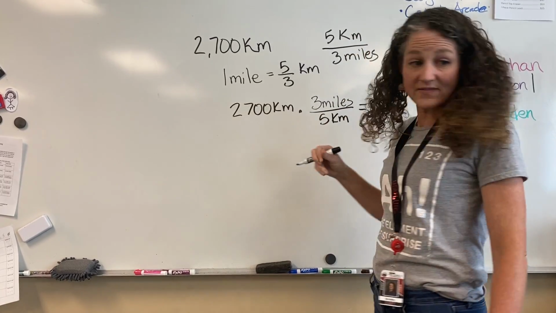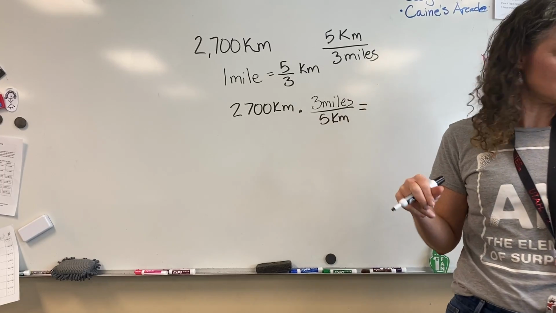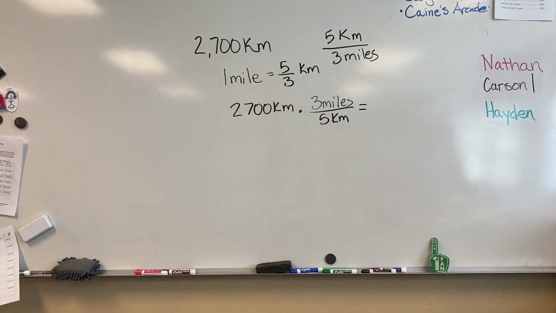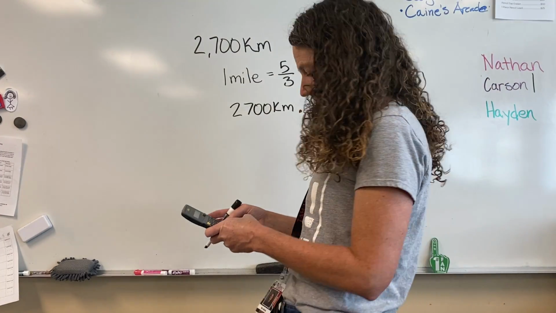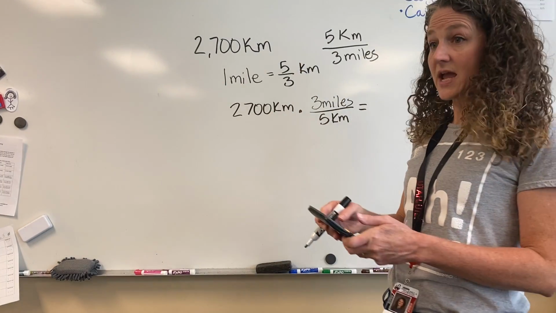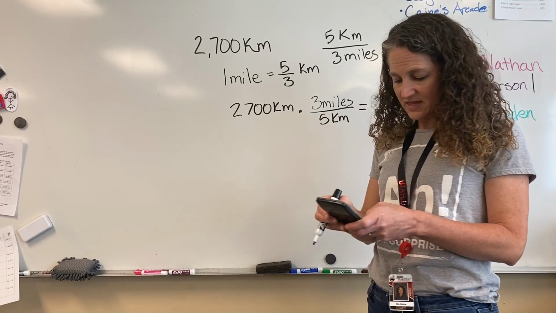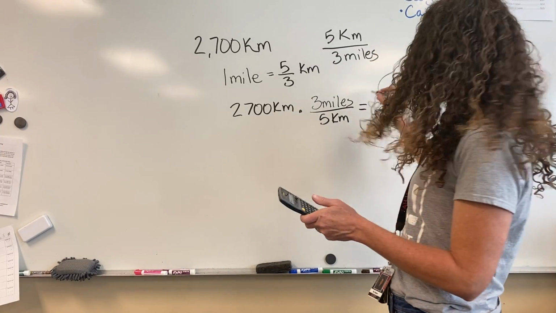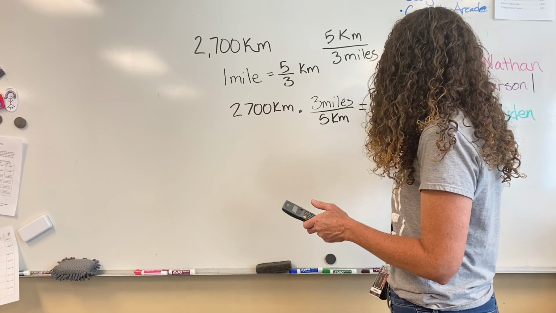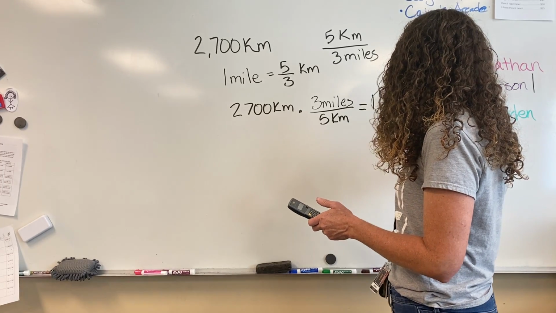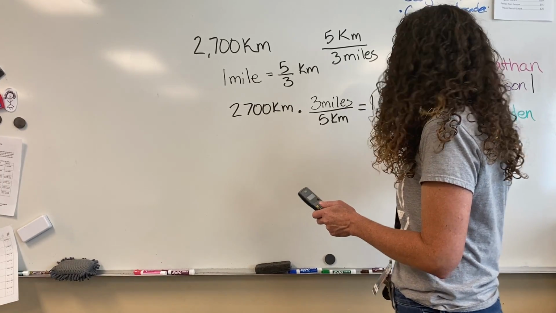So I do 2,700 times 3, which is 8,100, and then divide that by 5. So that's 1,620 miles. Holy cow.